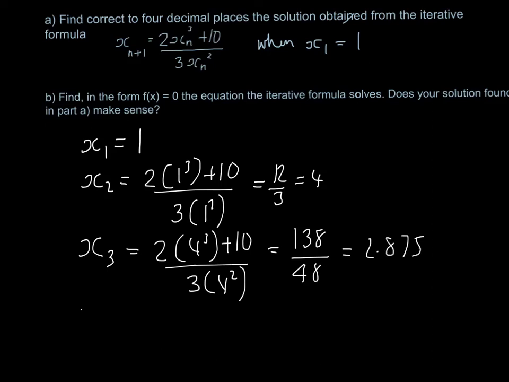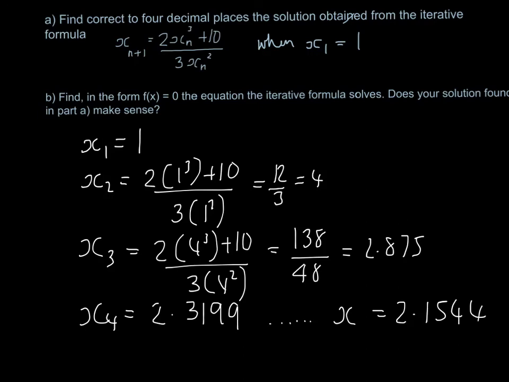Okay, so we're going to then feed that in. Won't bother to write it all out this time, but we get 2.3199. Okay, keep pressing the equals key, and we end up with x equals 2.1544.